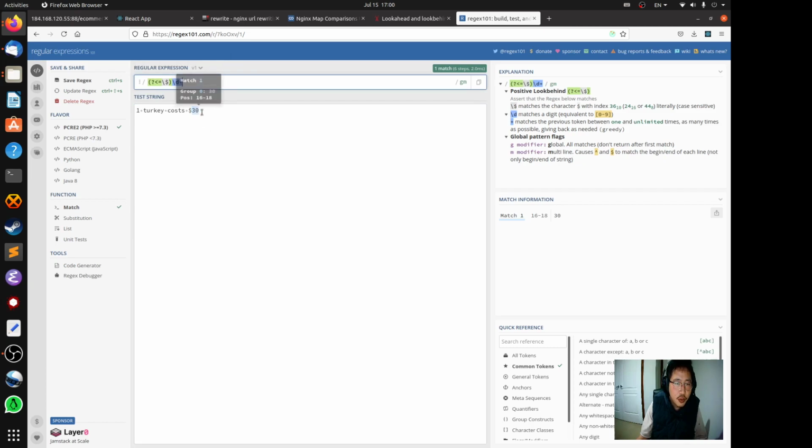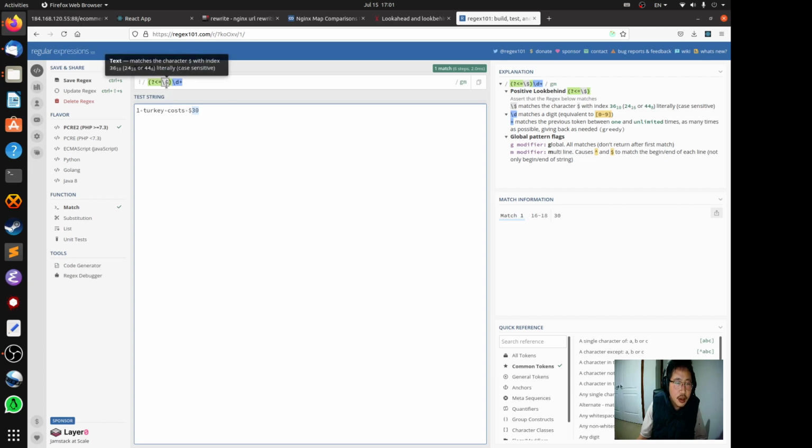So we got 2 candidates. This one or this one, because those 2 are digits, right? But what the positive look behind means, from that position, if you look back, can you see adjacent to you a dollar sign?